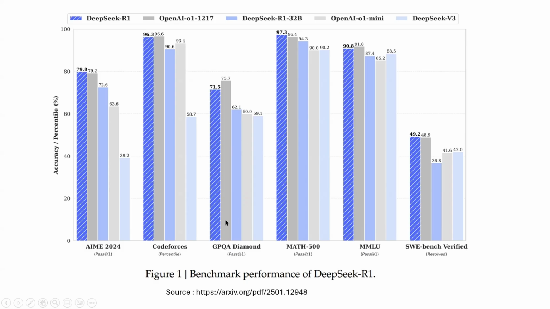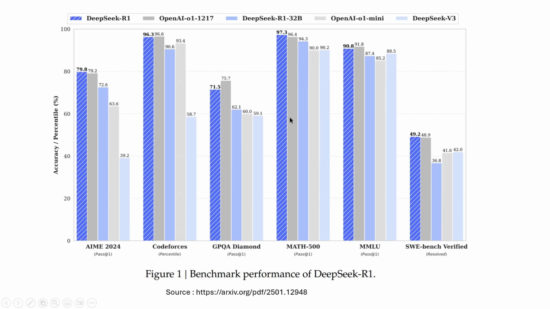On GPQA, the Graduate-level Google-Proof Q&A, a benchmark dataset with graduate-level, difficult questions where PhDs or people doing their PhDs usually score 65 accuracy and above, while other normal people who are not doing PhDs score 34 or 35. In this benchmark, OpenAI O1 again outperforms DeepSeek R1.